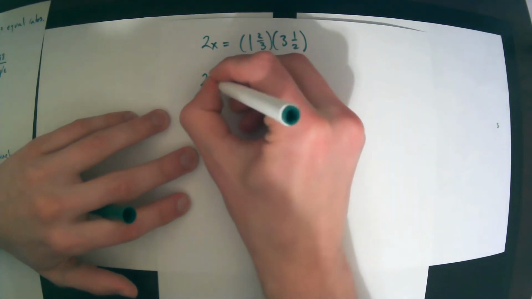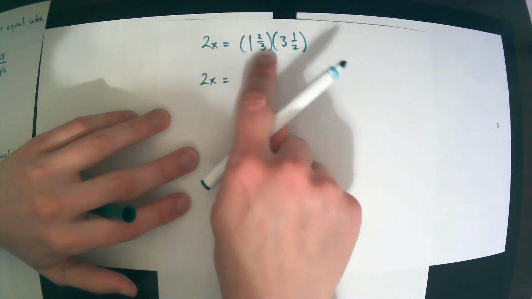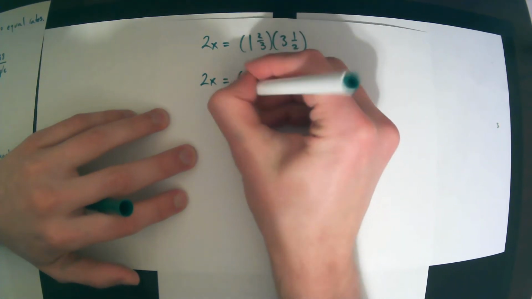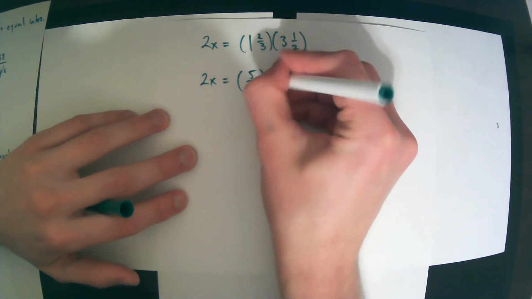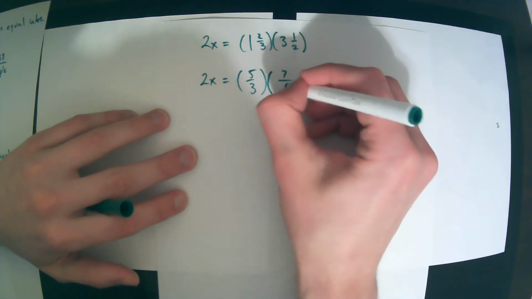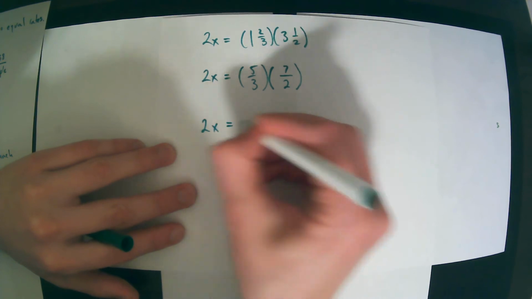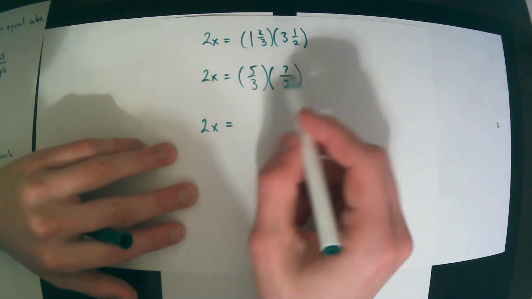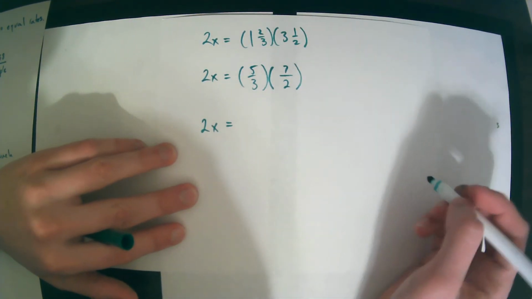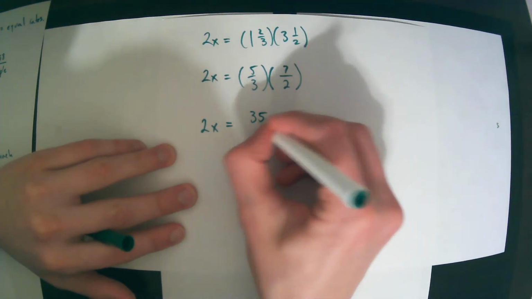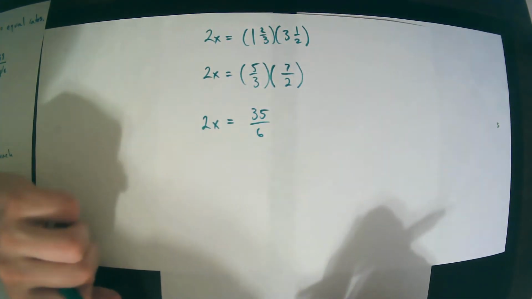So I'm going to have 2x is equal to, let's see, 1 times 3 is 3 plus 2, so that's going to be 5 over 3, and then this will be 7 over 2. Nothing nice that can cancel here, so I'm going to just go ahead and multiply straight across.